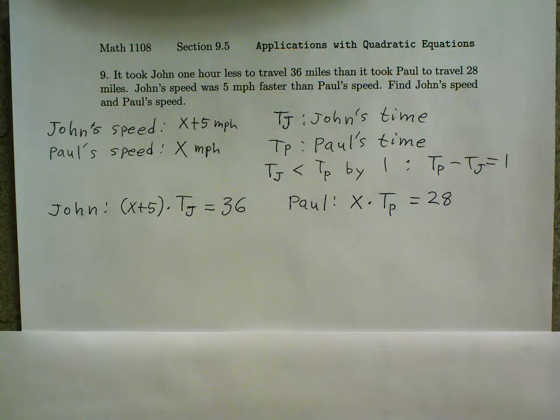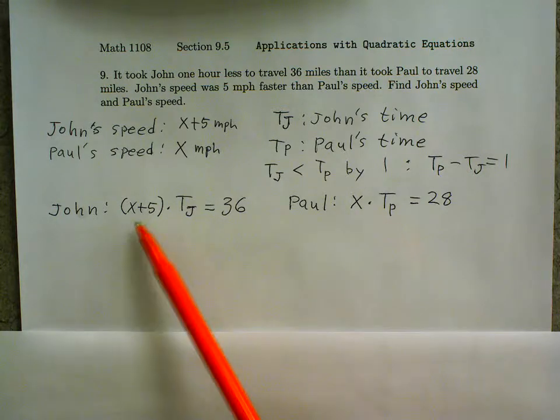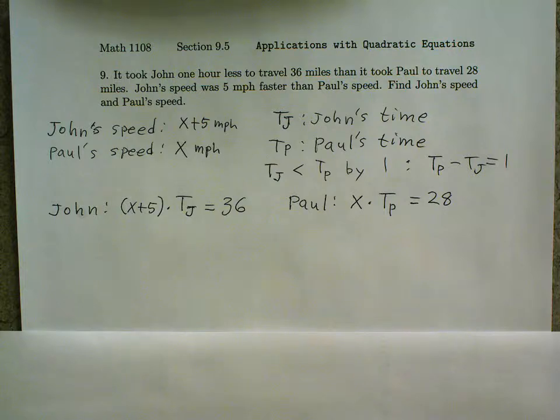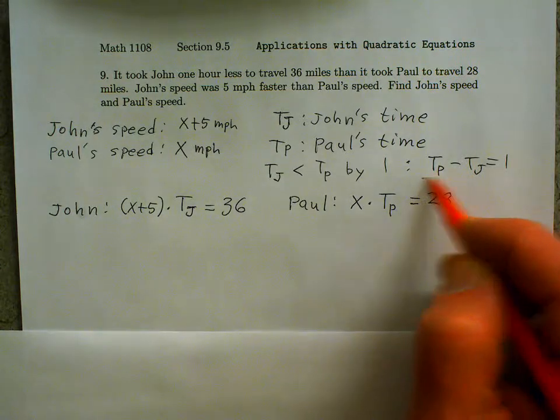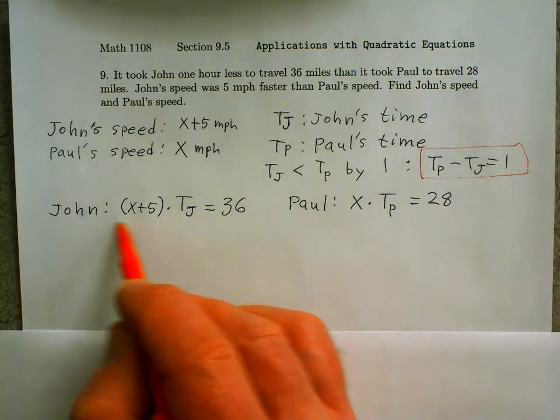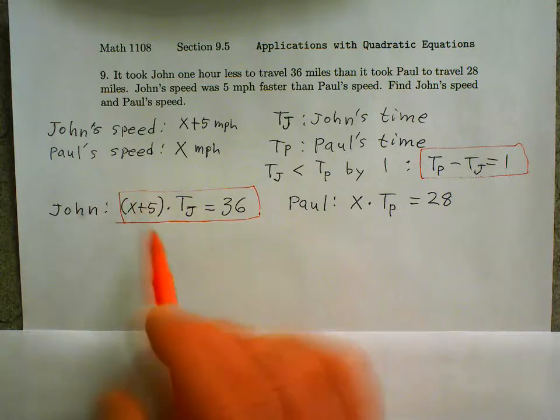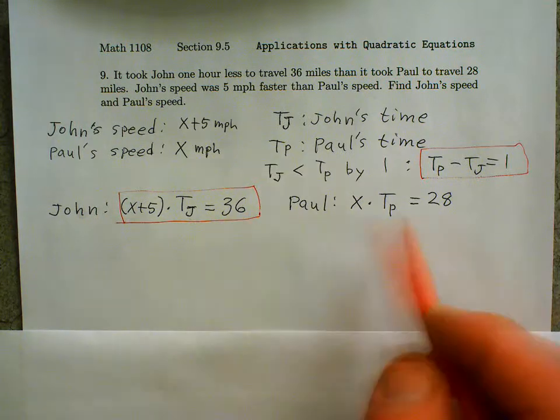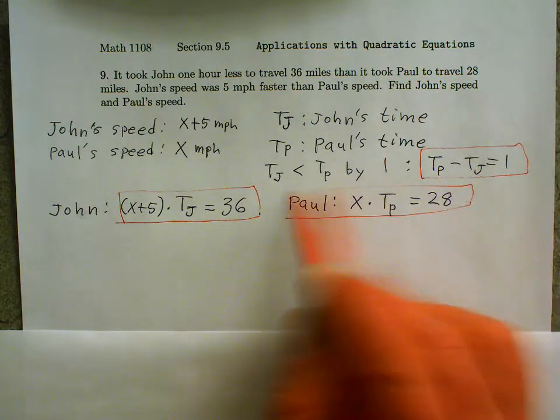We want to know what x is, and if we know what x is, we'll know what x plus 5 is. So we need an equation whose only variable is x. So how do we get there from here? We're going to use these 3 equations: Paul's time minus John's time equals 1, this equation for John, and this equation for Paul.